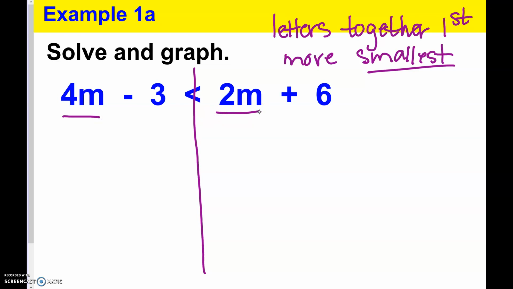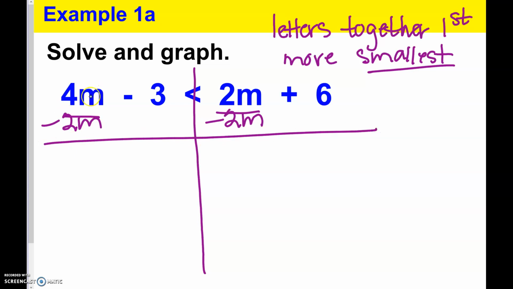So the first thing I'm going to do is move the 2M, and I'm going to subtract 2M from both sides. So we've got 4M minus 2M is 2M. And because all we did was add or subtract, I'm going to keep that exact same symbol.